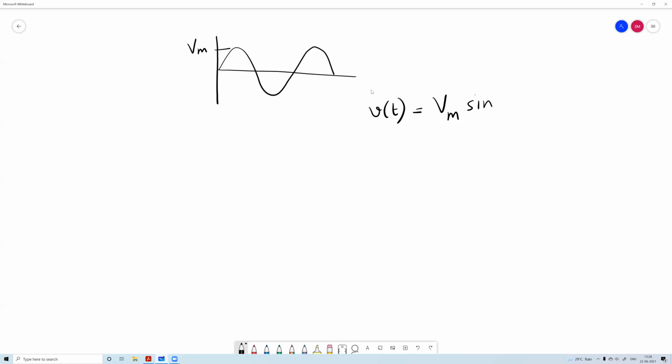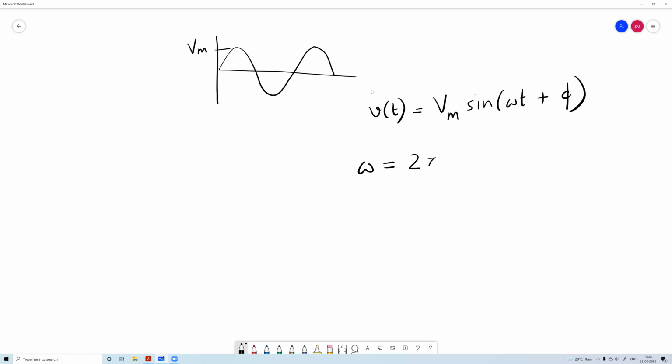AC sources can be of many types. The most common one is the sinusoidal. If this is my peak voltage, Vm, then the expression for a sinusoidal voltage is v(t) equal to Vm sine or cos, both are okay, of omega t plus phi.